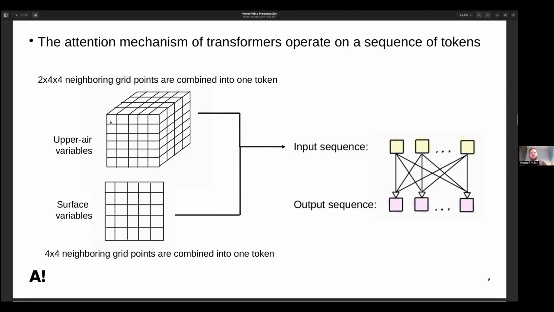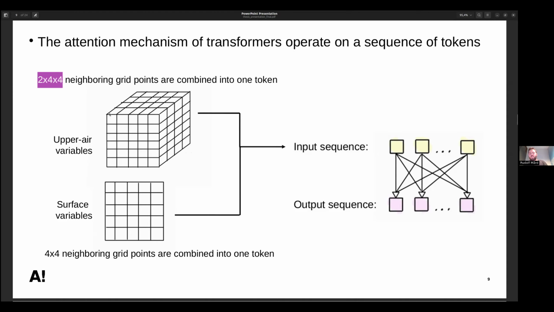Here on the upper air variables, we consider the 2 × 4 × 4 neighboring grid points and combine them into one token. One token here is this one cuboid on the upper air variables.